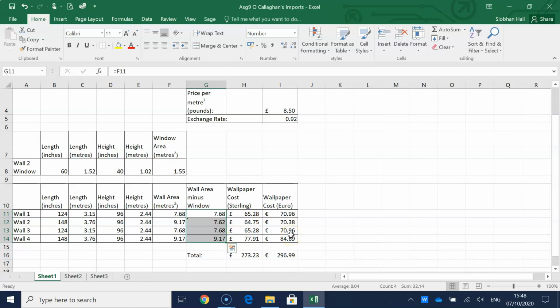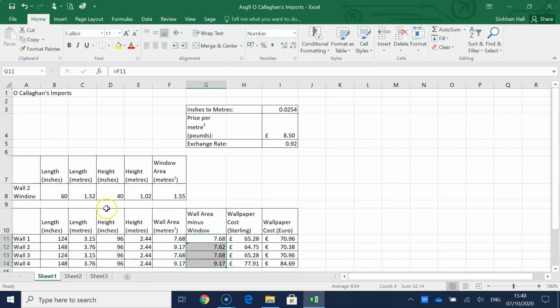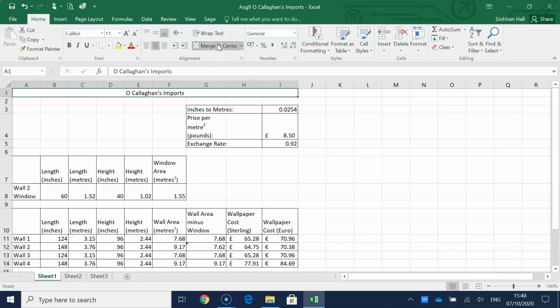And then the next question says, center the heading in row 1 across columns A to I. So go back up here, A1 to I1, merge and center. Format headings to bold as shown is the next question. So if we refer back to the diagram on pages 26 and 27, we can see what they require to have in bold.